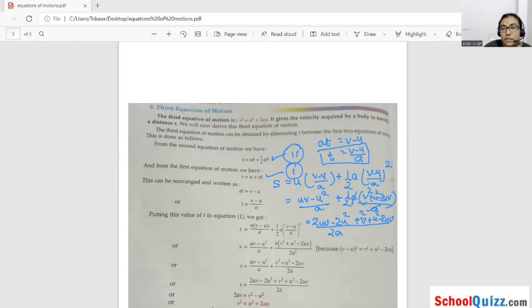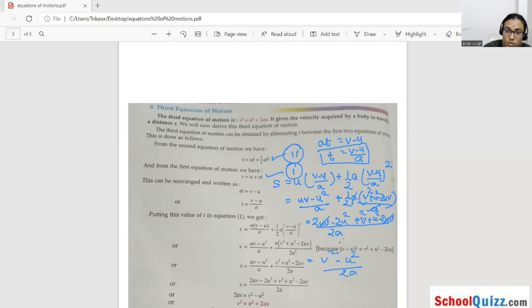Clear? Here we will take the LCM, that will be 2a. So what will be the final value? 2uv minus 2uv cancel out. So v square keeps as it is, minus 2u square plus u square, it will be minus u square, upon 2a.